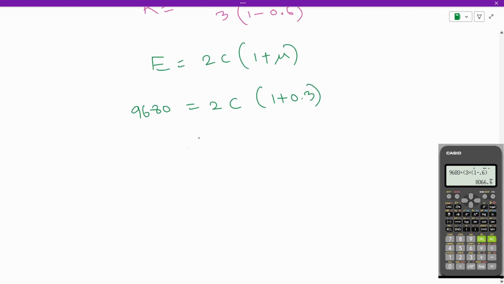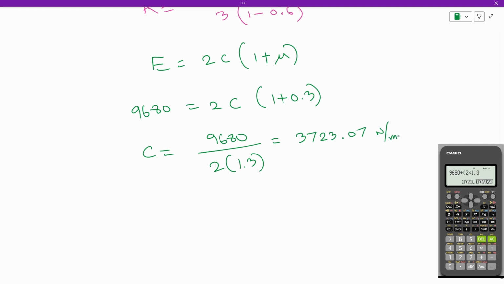So the C value will be equal to 9680 divided by 2 into 1.3. What will we get? 9680 divided by 2 into 1.3 is 3723.07 Newton per millimeter square.